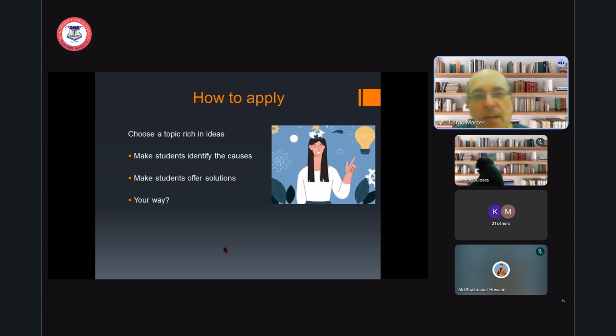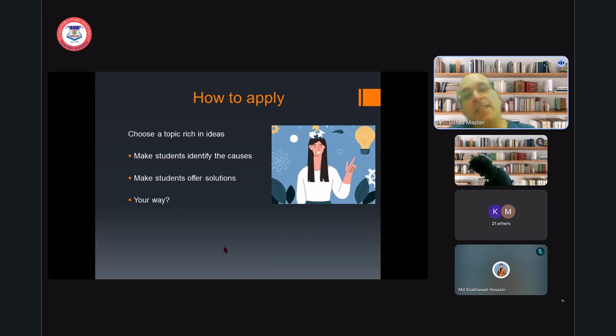How to do that? The answer is: choose a topic rich in ideas. That's what's important for all of us, rich. And then make the students identify the causes and offer solutions. Okay, this is for cause and effect. You can say make students identify the problems and then offer solutions.